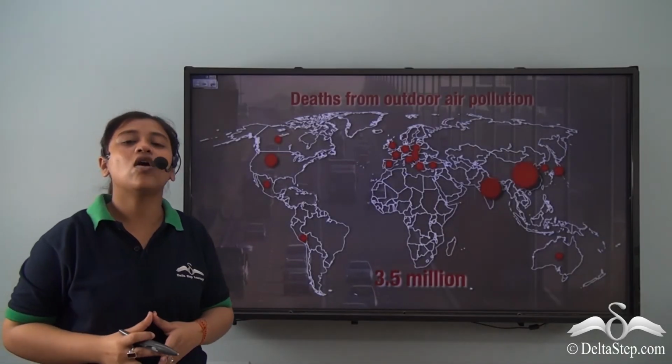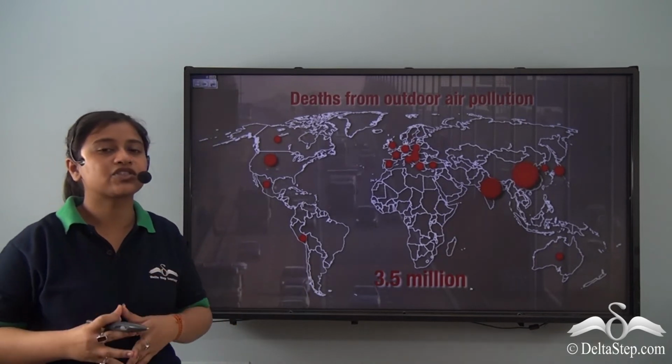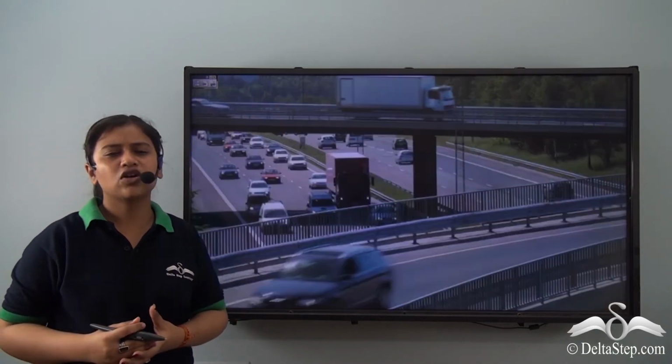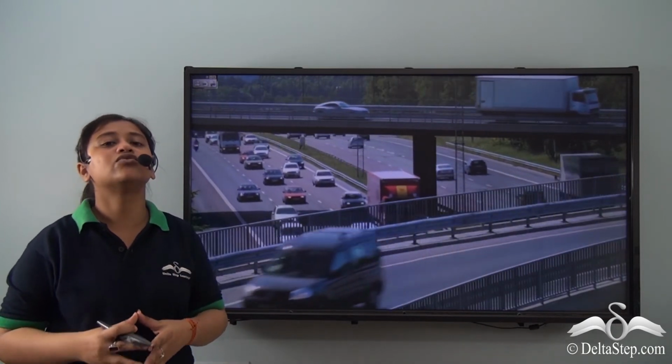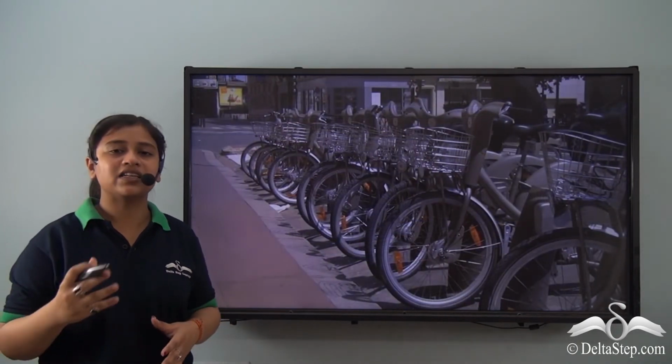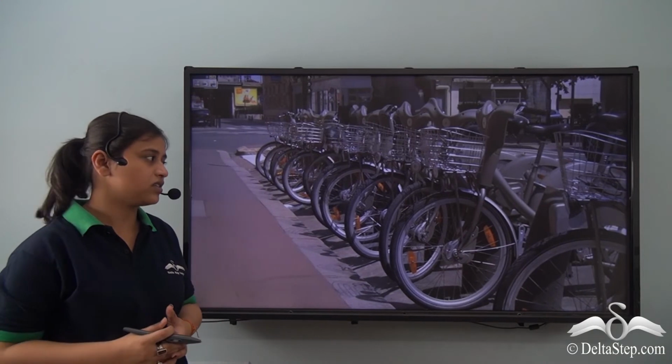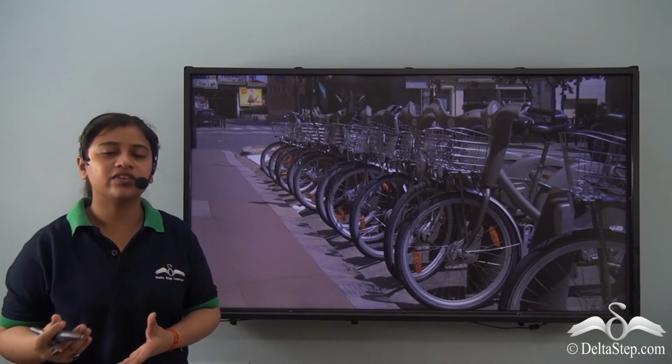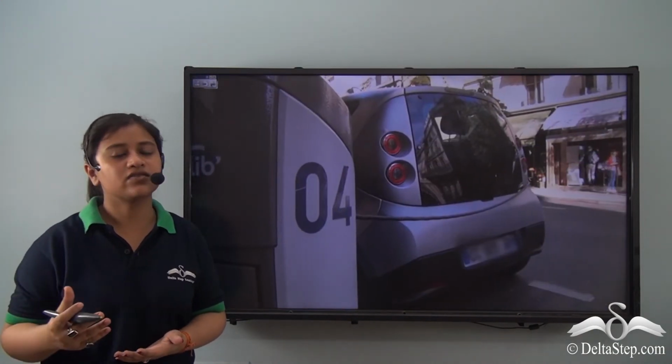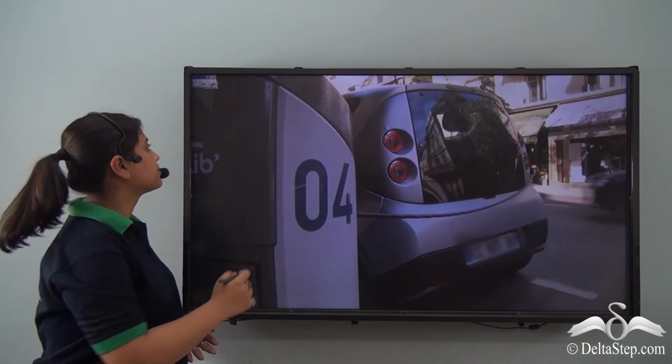We just saw how harmful these vehicular emissions could be. 3.5 million people, according to a recent report, were believed to be dying from these vehicular emissions. So we soon need to switch to bicycles or electric vehicles, which can be safer and more sustainable alternatives to the present vehicles.